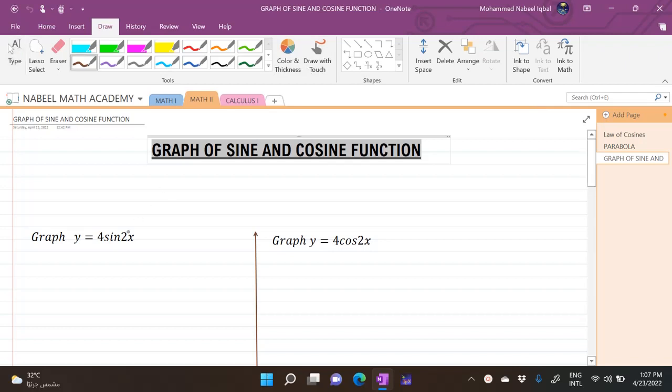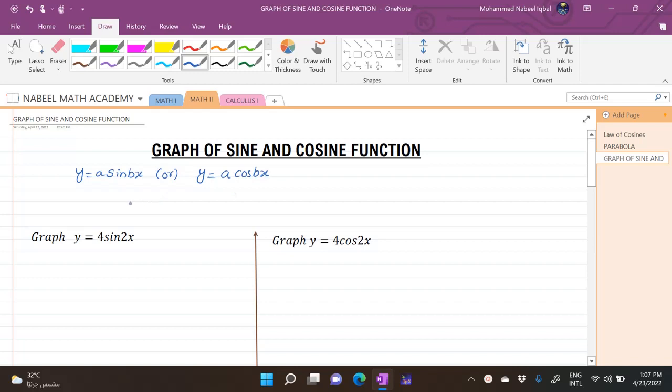Today we are going to see the graph of sine and cosine function. So for the sine and cosine function, if you have y equals a sine bx, we have to know the amplitude and the period. For sine or cosine, both the formulas are going to be the same. So y equals a cosine bx.